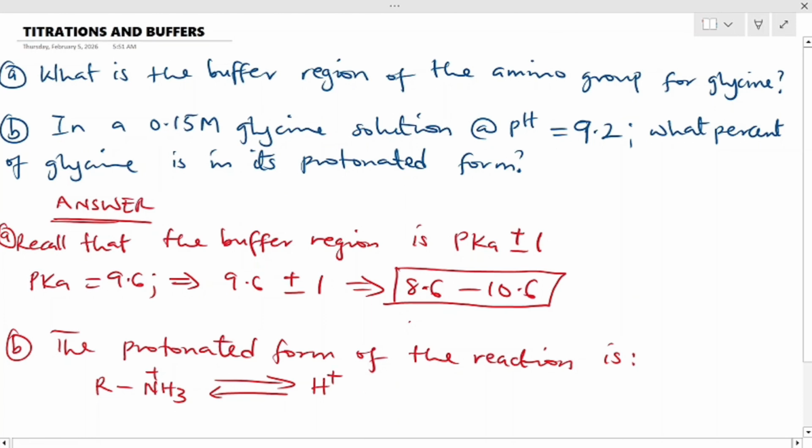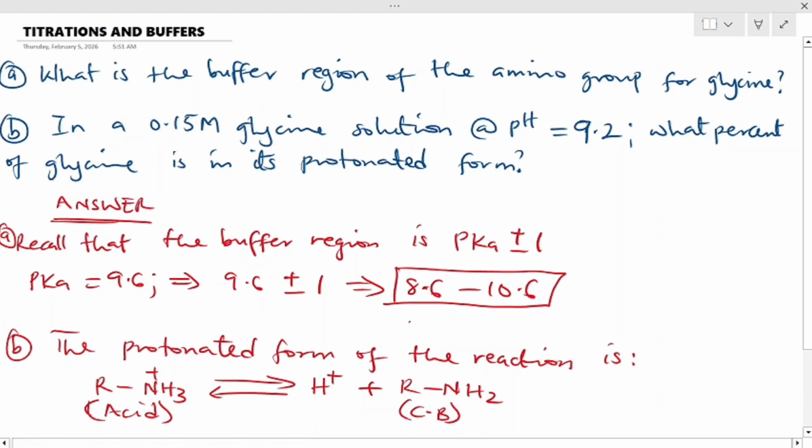H plus is given off to form your conjugate base, NH2. Okay, so again, this is the acid and this is the conjugate base.